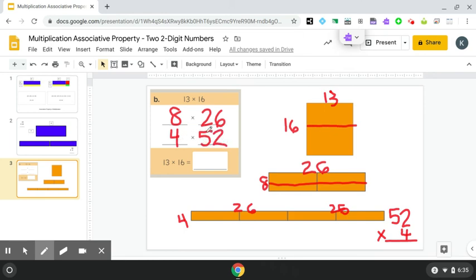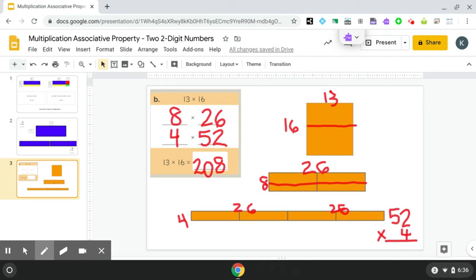Then I could work with this problem and see that 4 times 2 is 8, and 4 times 50 is 200. So my answer to 13 times 16 is 208. What I did is I just rearranged those factors so that they were easier to multiply for me, and I still came up with the same product.